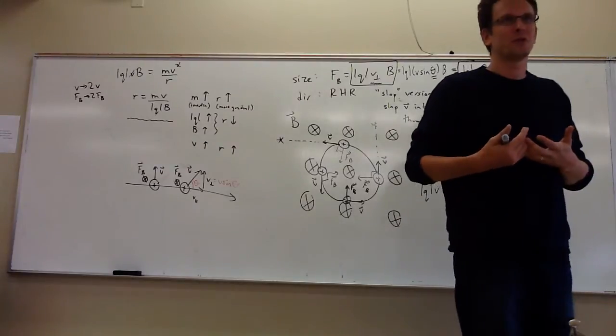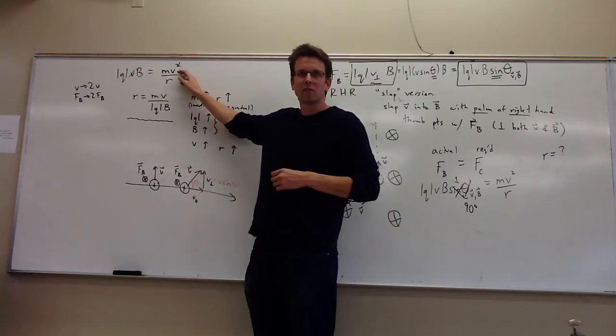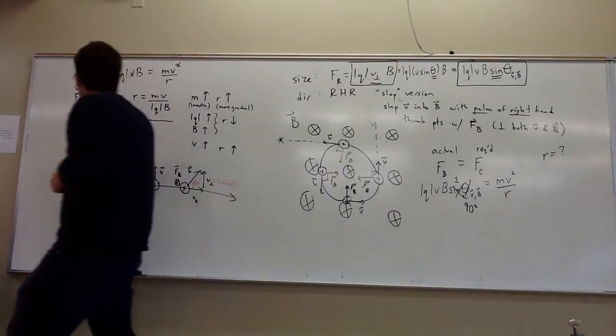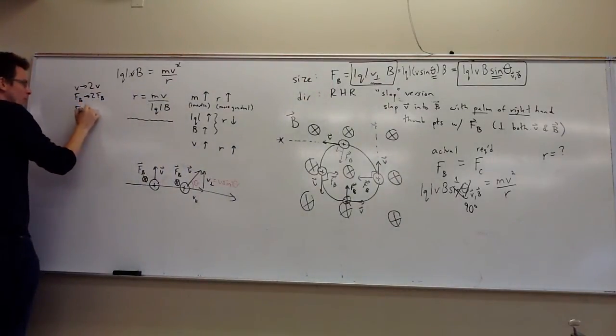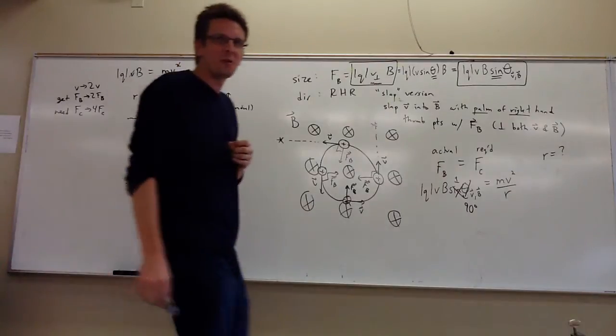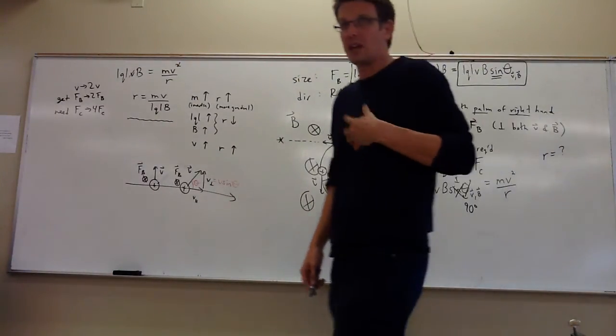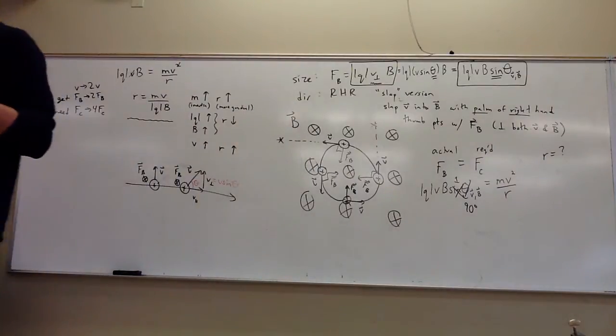How much more force do you need to hold that turn? 4 times. So the centripetal force is 4 times the amount. This is what you get, but this is what you need. So what happens when you don't get what you need? You fly out.